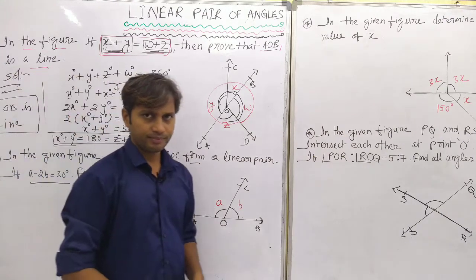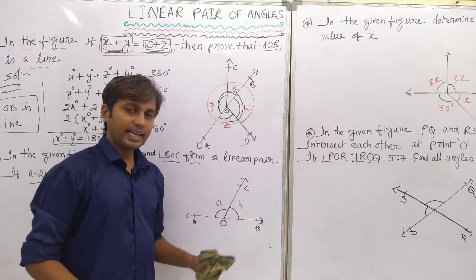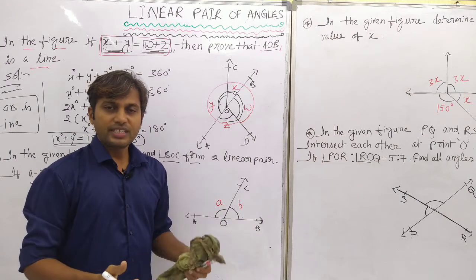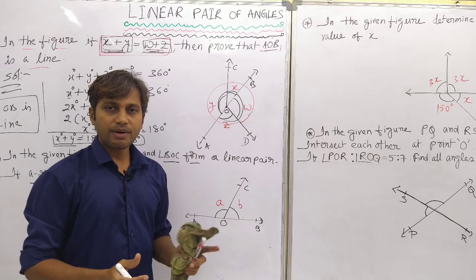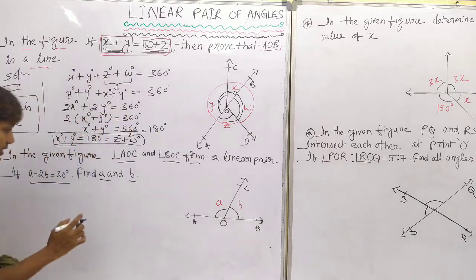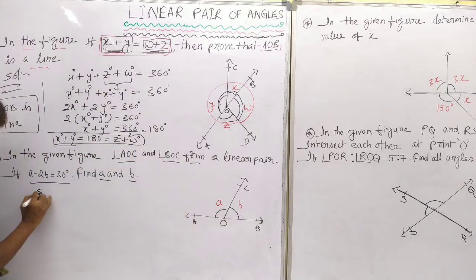It's a very simple thing. First of all, we said that angle A and angle B are forming a linear pair. So what is the condition of a linear pair? The sum of the angles should be equal to 180 degrees, isn't it? So I'm writing the solution over here.